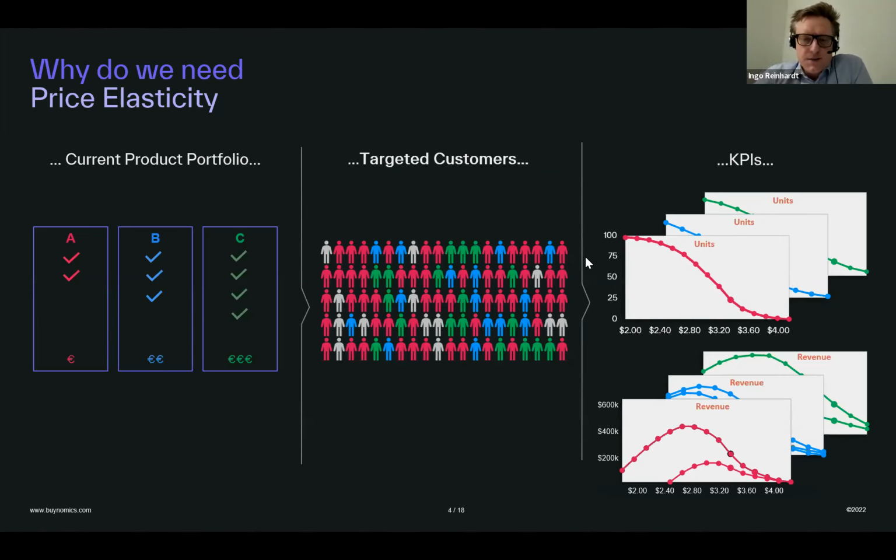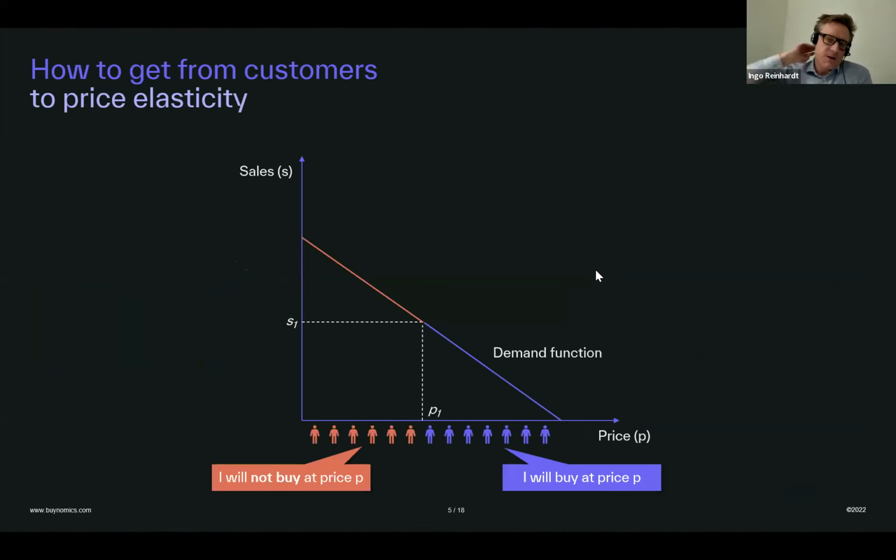And the price elasticity is essentially a very simplified way of thinking about this challenge. The key step between reality, what happens with real customers, and the concept of the price elasticity is captured in the demand function.